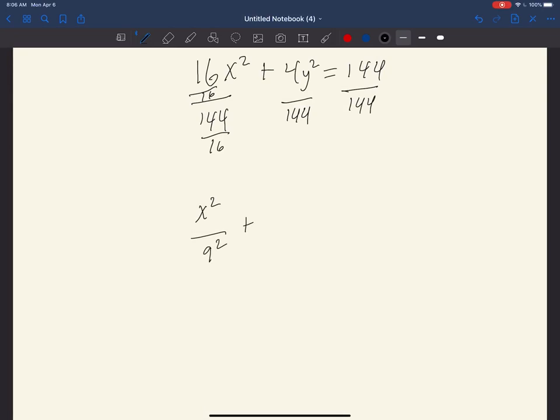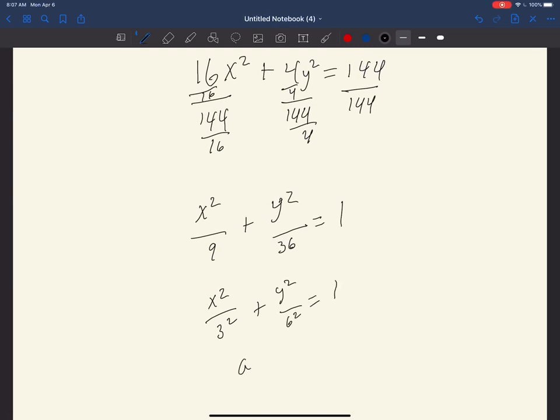Same thing here, divide by 4, divide by 4, so then we get y squared over 36 equal 1. I wrote 9 squared, it should just be 9. Now, I'm going to rewrite that as x squared over 3 squared plus y squared over 6 squared equals 1.